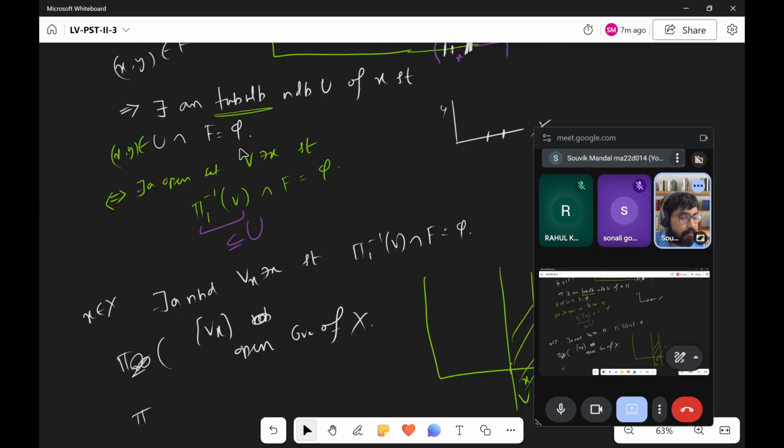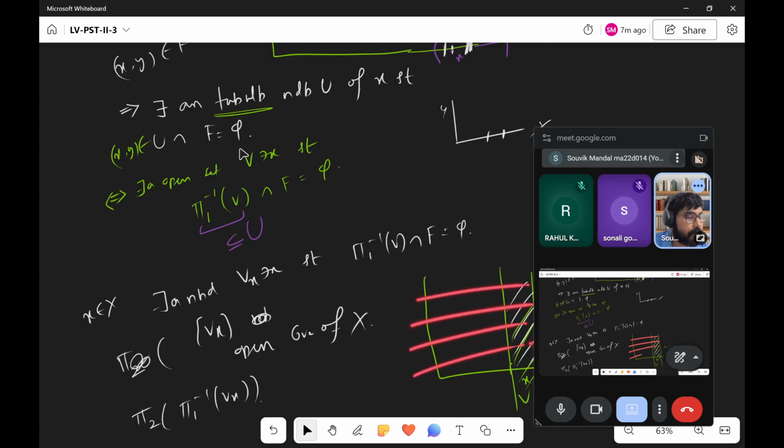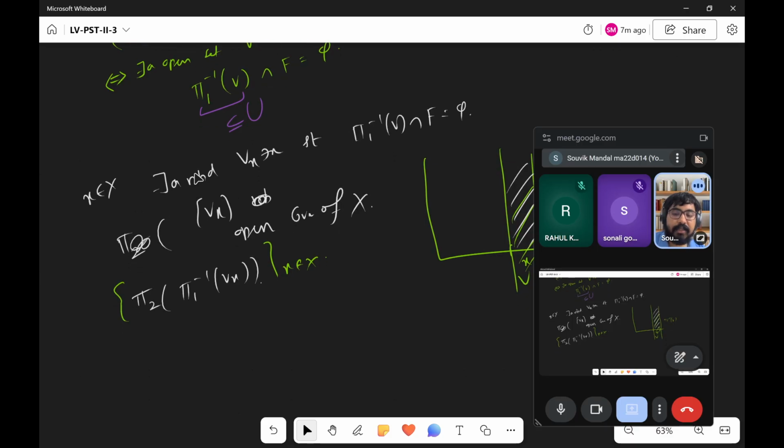We'll consider pi 2 of pi 1 inverse of Vx. That means whatever open sets we have, we are taking the projections of all of these. So this collection, pi 2 of pi 1 inverse of Vx, forms an open cover of Y. Is it clear or not?